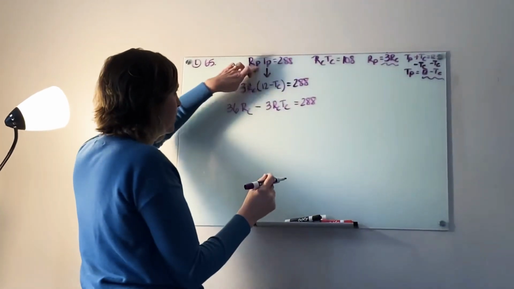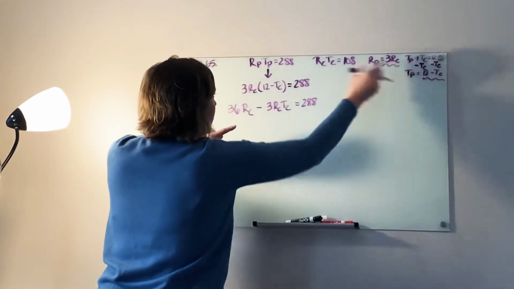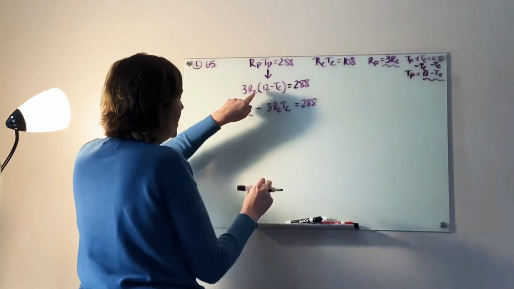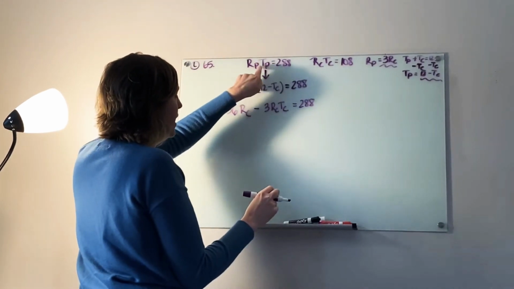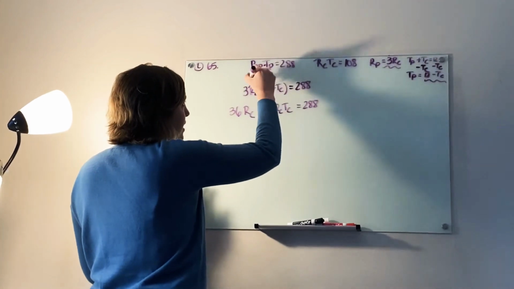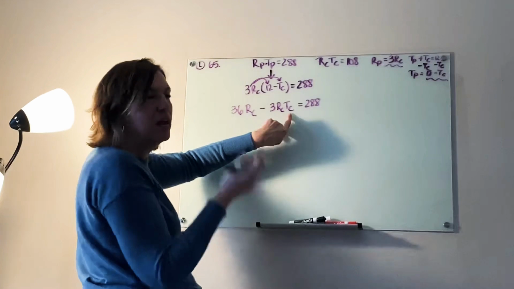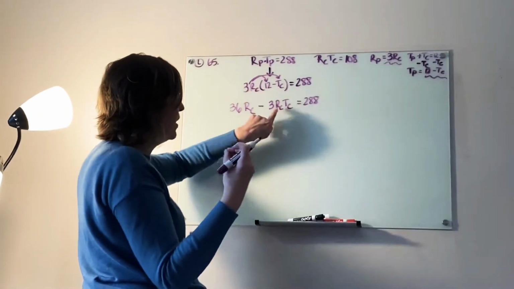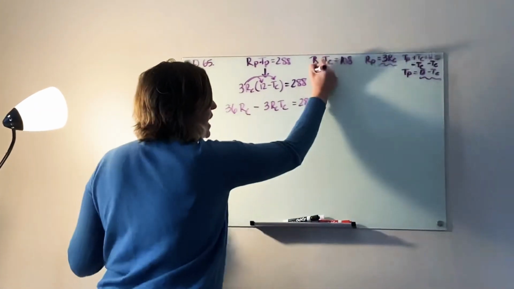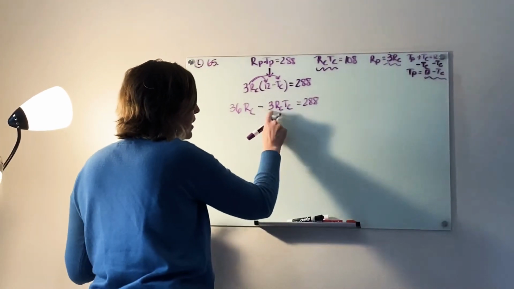Now do you see what I did there? I took this first equation, and I substituted in each of the values that the last two equations gave me. Because it was RP, TP, with no sign in between, it's an understood multiply, so I had to distribute that to both. Now, RCTC, wait a minute, that reminds me, it gave me the value of RCTC as 108, but I have three of them.